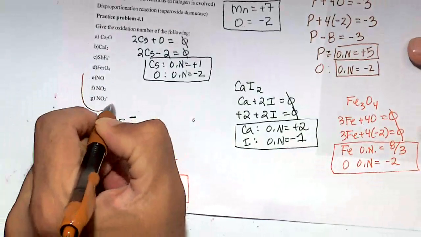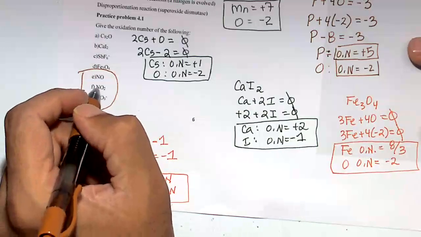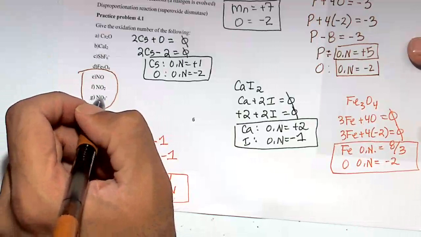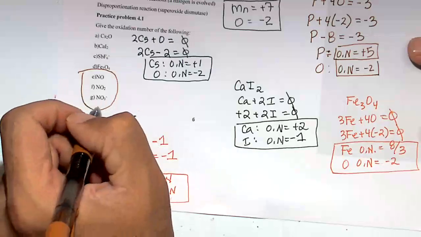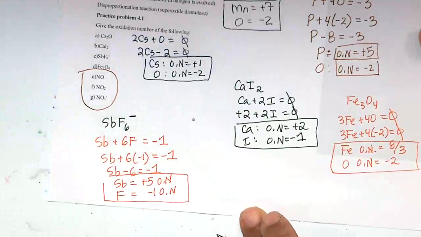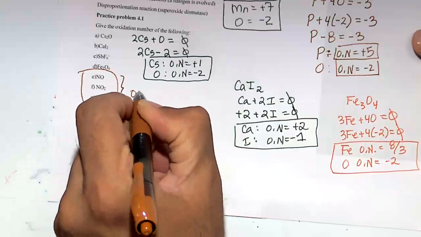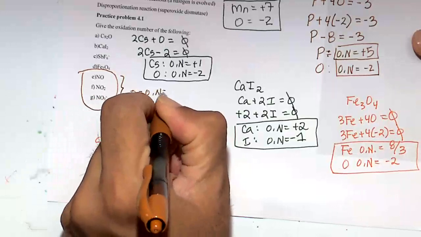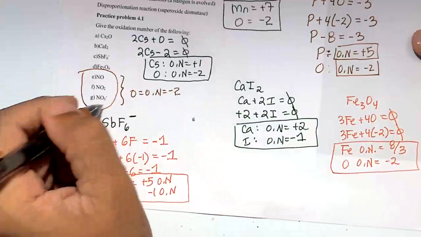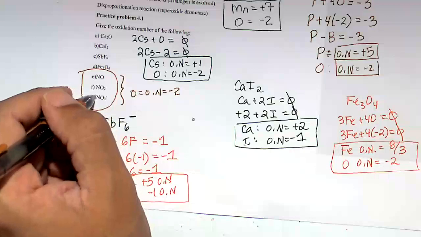All right, these last 3, let's see the different states of nitrogen. NO, this is nitrogen monoxide. NO2, this is nitrogen dioxide. And then nitrate. Okay, NO3 minus. Okay. In all of these, what will oxygen be? Okay, but take a look and see all the different oxidation numbers nitrogen can take in doing an oxidation reduction reaction.